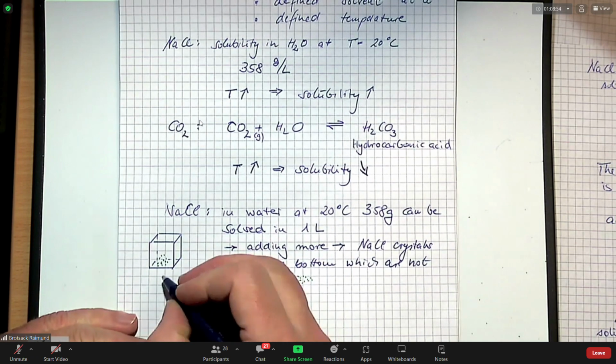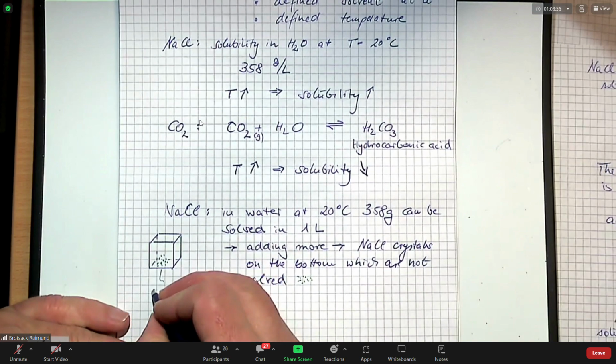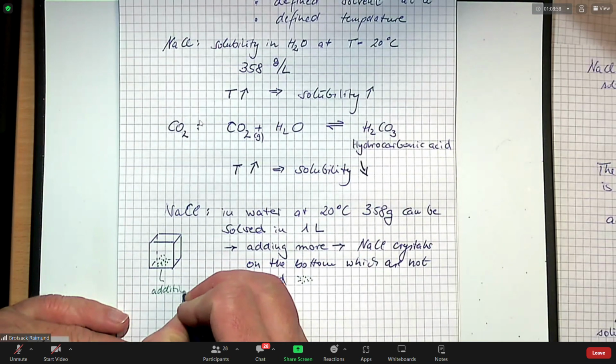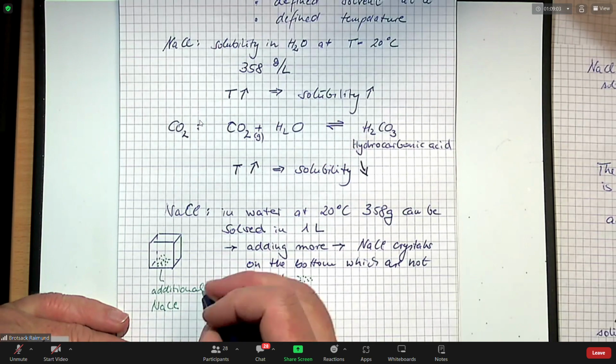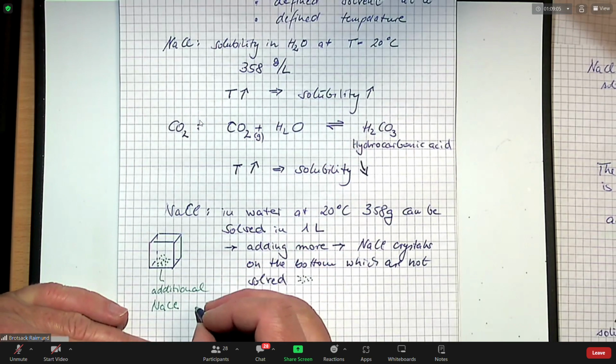So this additional NaCl stays solid on the bottom.